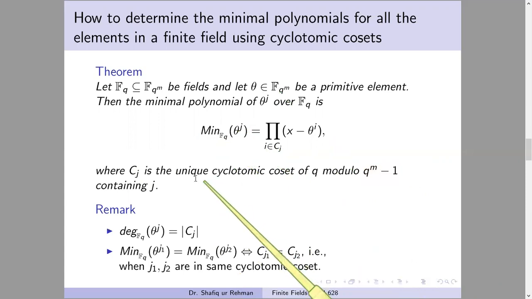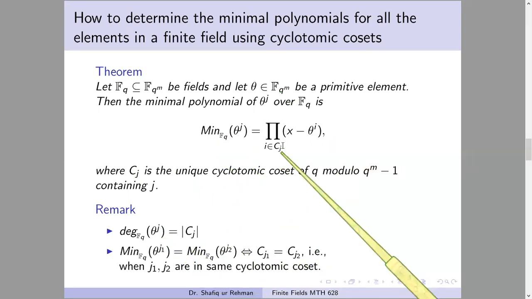And here is an important remark, that the degree of this minimal polynomial will be equal to the cardinality of this cyclotomic coset. And also, if two powers of a primitive element are in the same cyclotomic cosets, then those powers of the primitive element will have the same minimal polynomial.